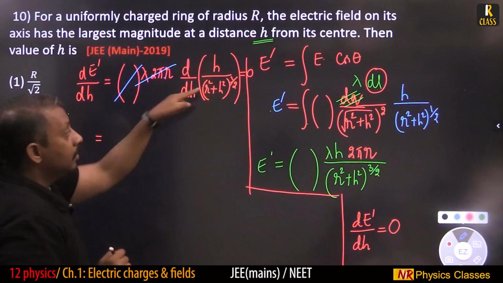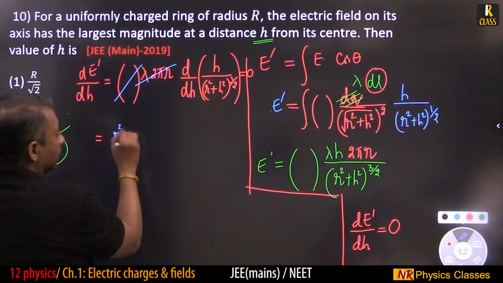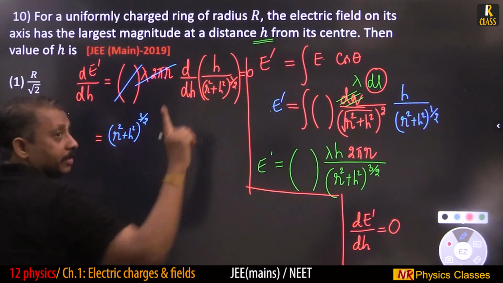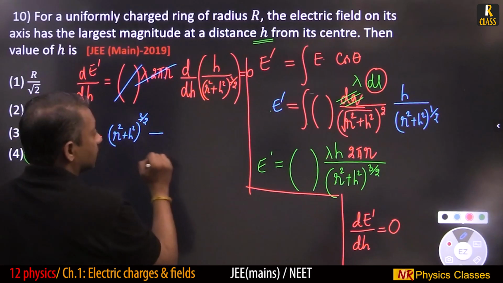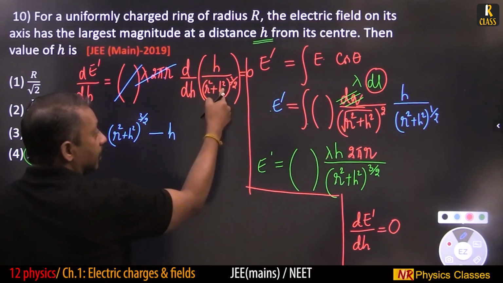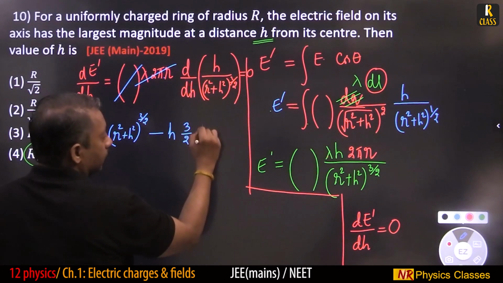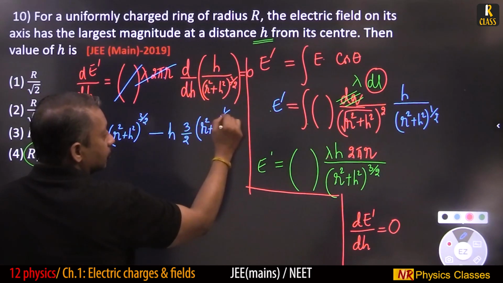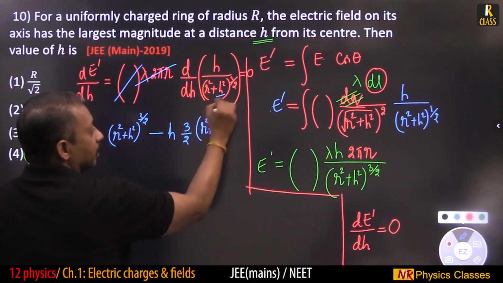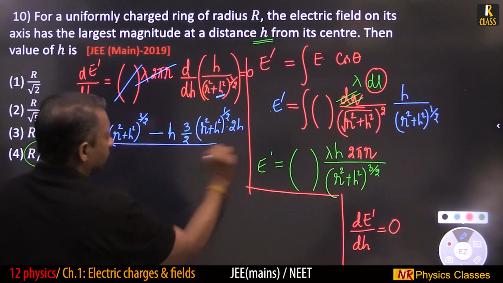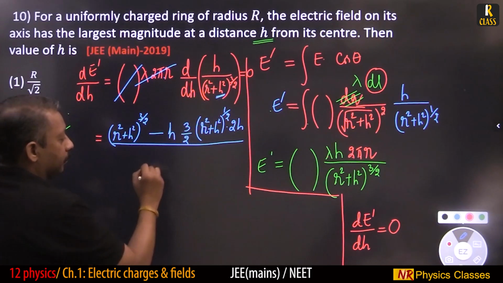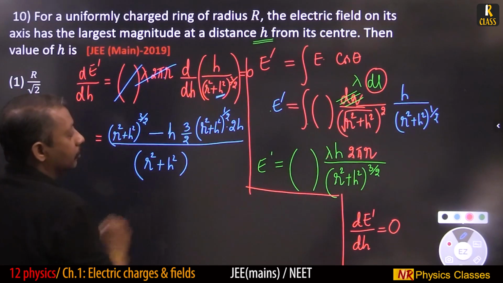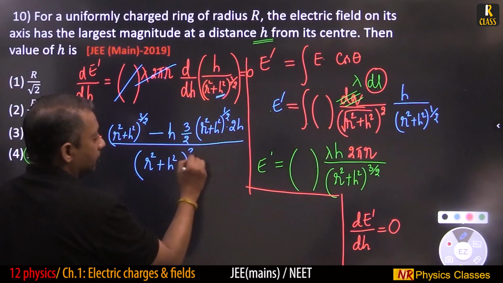It is a ratio: denominator r square plus h square whole to the power of 3 by 2 into derivative of the numerator, 1, minus numerator into derivative of the denominator, 3 by 2 r square plus h square to the power of 3 by 2 minus 1, which is 1 by 2, into differentiate h square, 2h, by denominator square, r square plus h square whole to the power of 3 by 2, its square is 3.